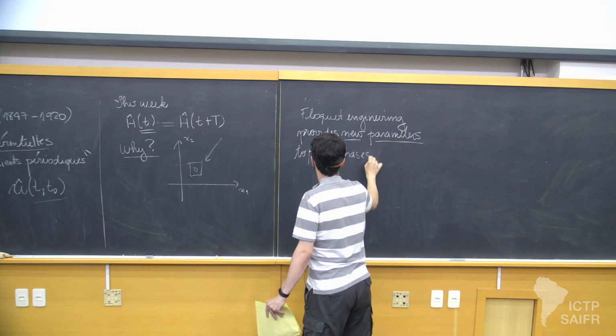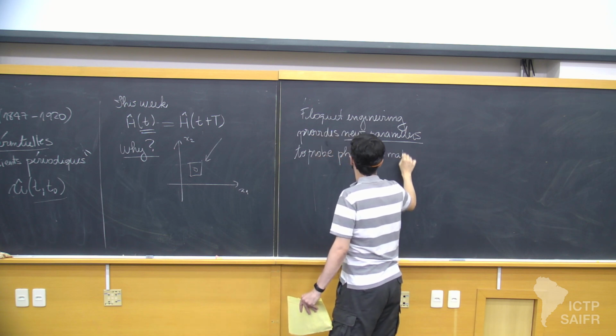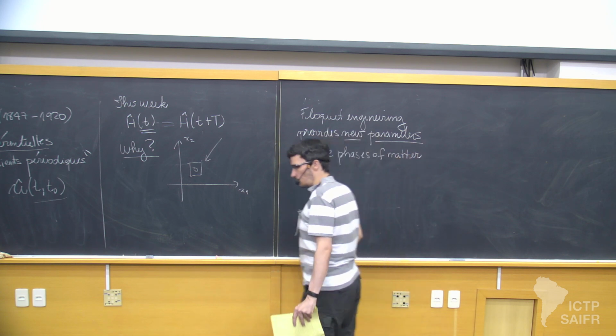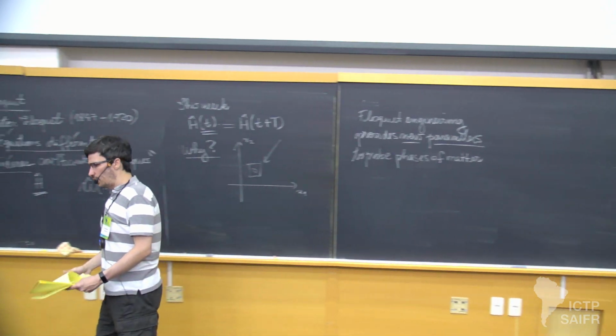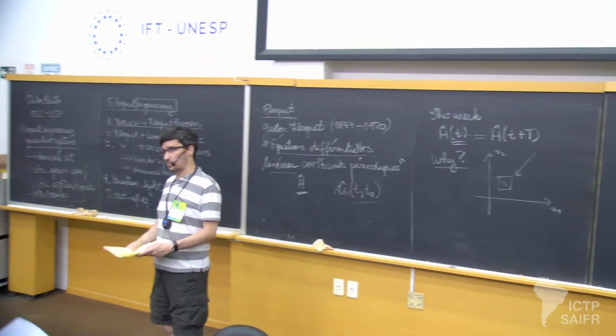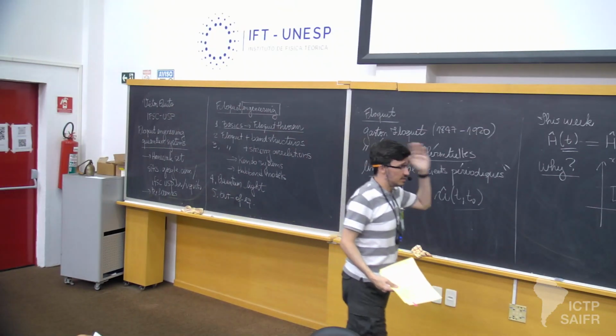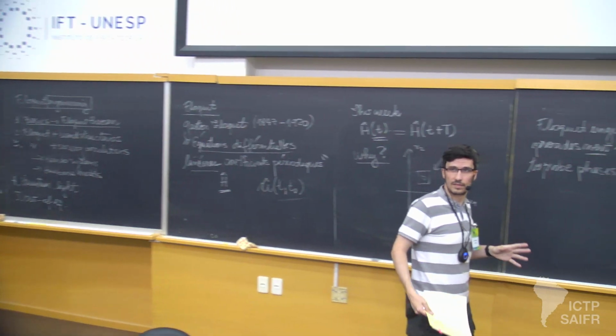This is the main motivation of this particular course. Okay? New parameters. By the end of this lecture, I expect you to know what these new parameters are. Okay? What are these new parameters?